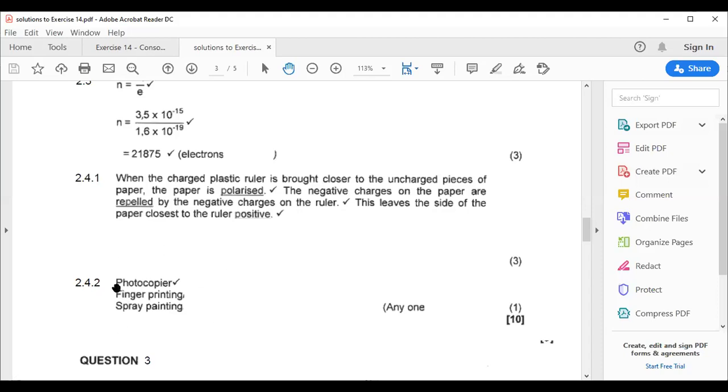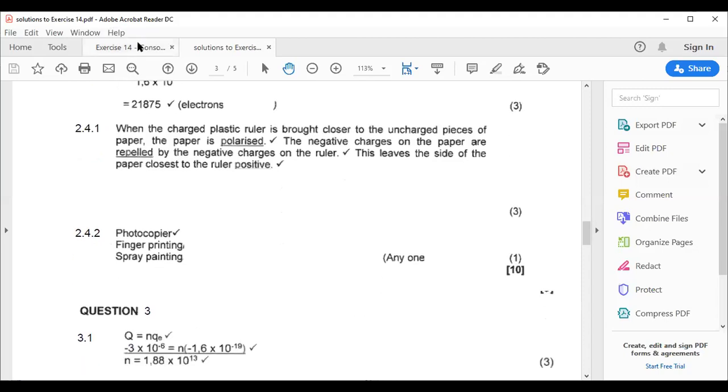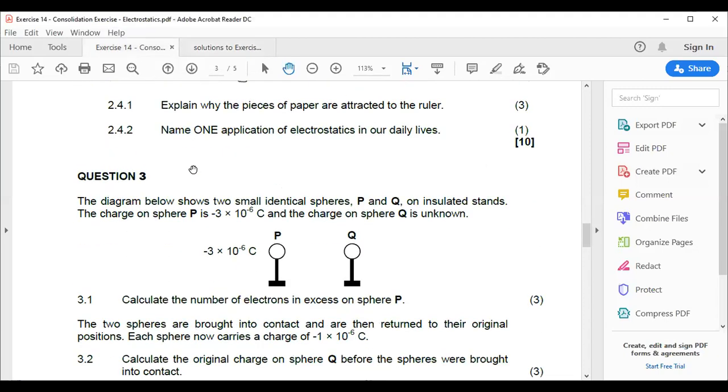So we have also here in a photocopier, there is electrostatics. We've got fingerprinting also. Then you also have spray painting, just to mention a few. There could be more applications to this, right? So any one that you mention, as long as it's applicable, then you get the 1 mark. Right, then we move on to the next question, number 3.